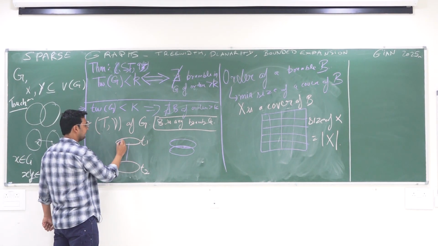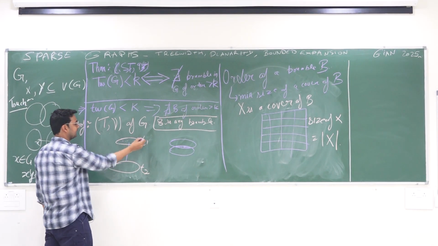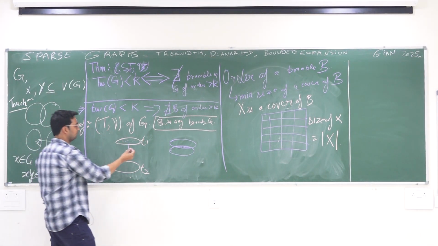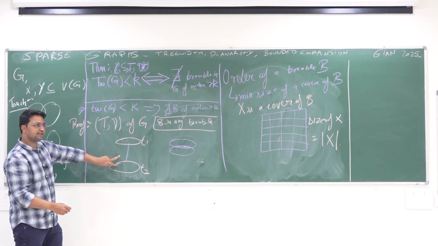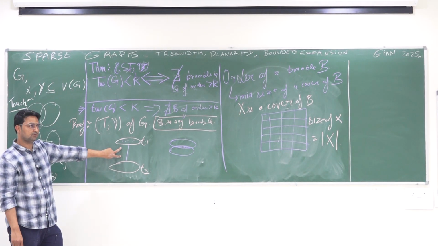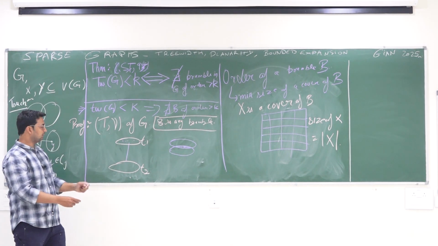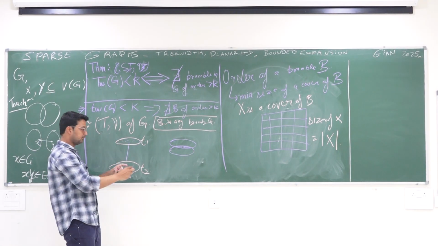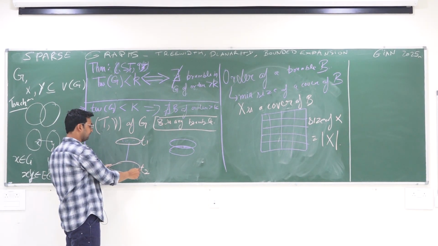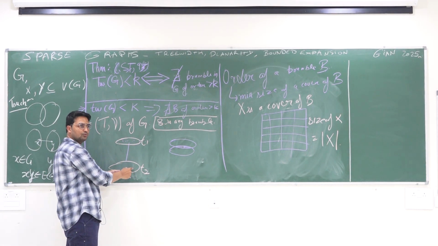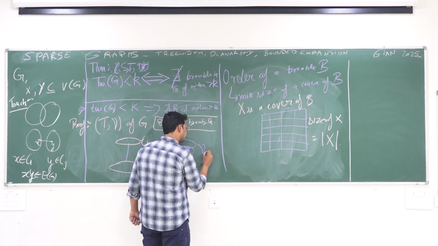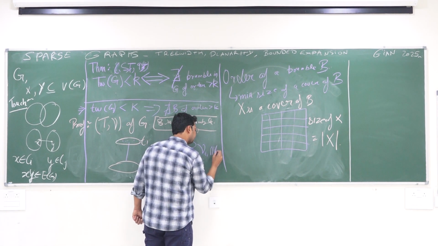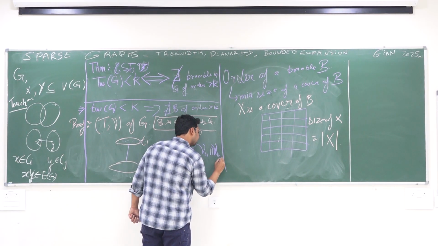When I say T1, it means it contains all the vertices that are inside the node T1. T1 and T2 are nodes of my tree decomposition. And T1 has a bag; there is a bag that corresponds to T1 and there is a bag that corresponds to T2. Look at the intersection of those bags, so B of T1 intersection B of T2.